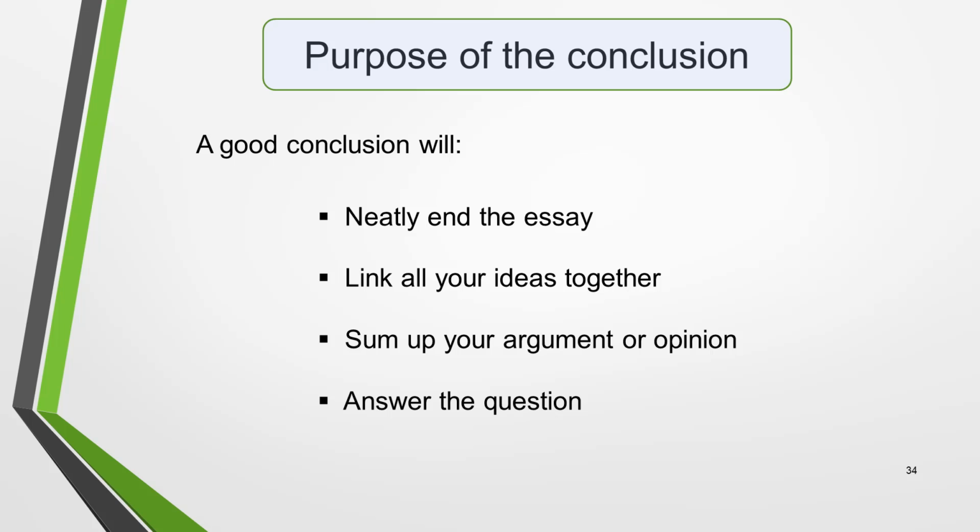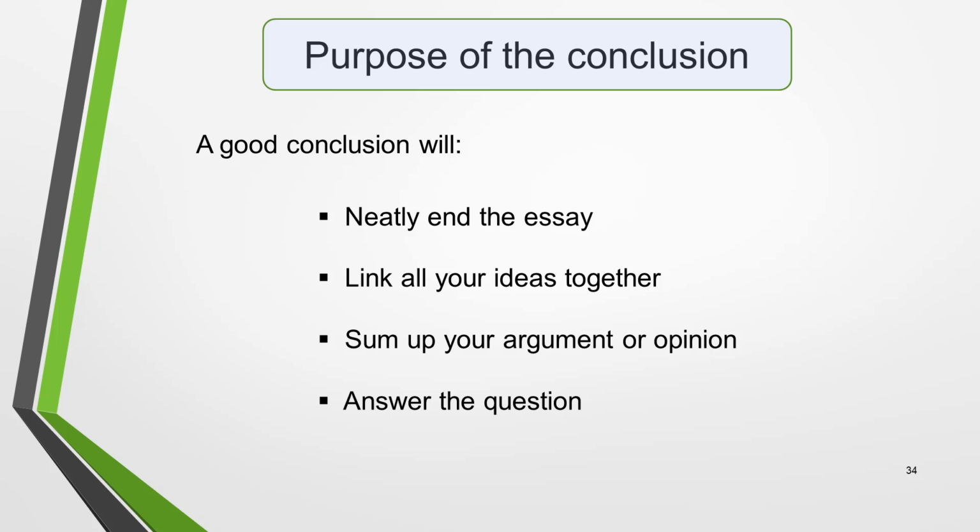A good conclusion will neatly end the essay, link all your ideas together, sum up your argument or opinion, and answer the question. If you achieve this, you'll improve your score for both task achievement and cohesion and coherence, which together make up 50% of the overall marks.